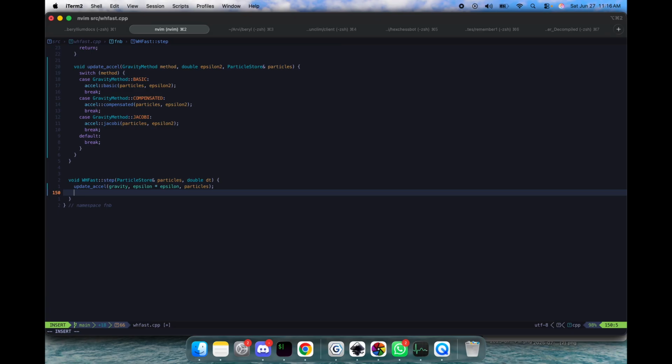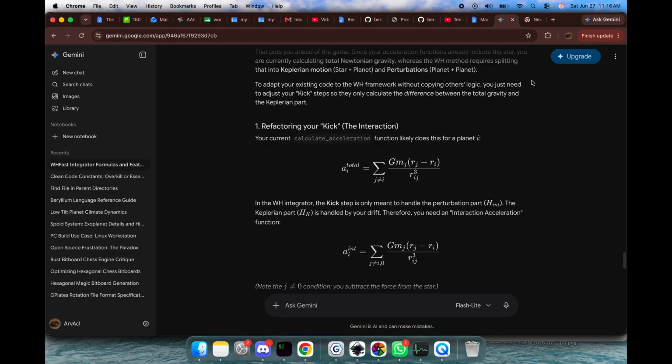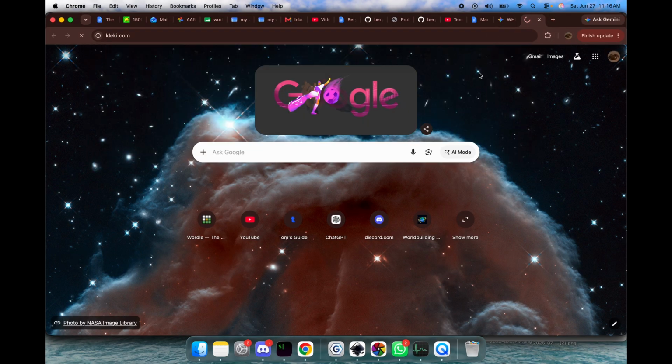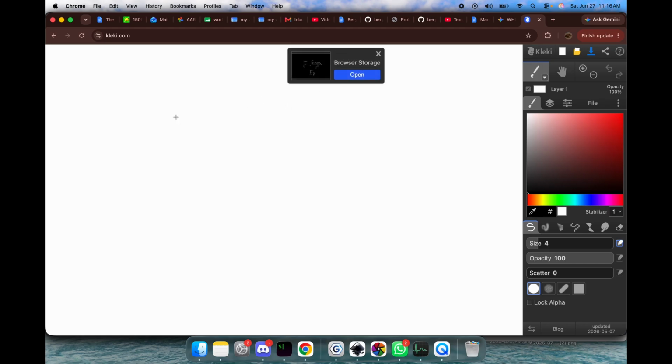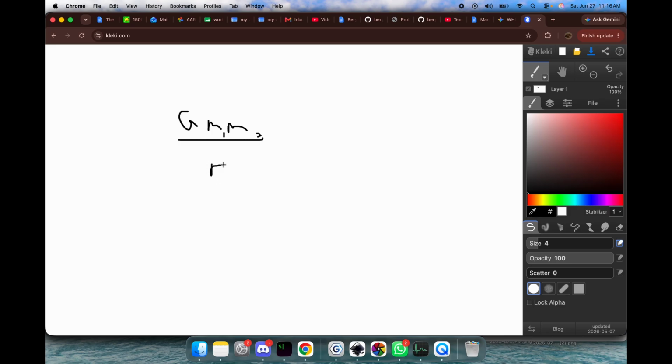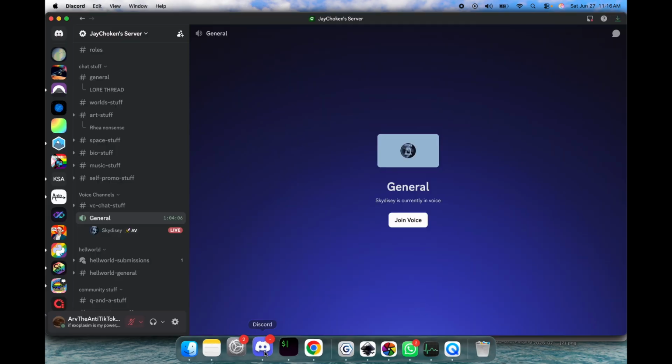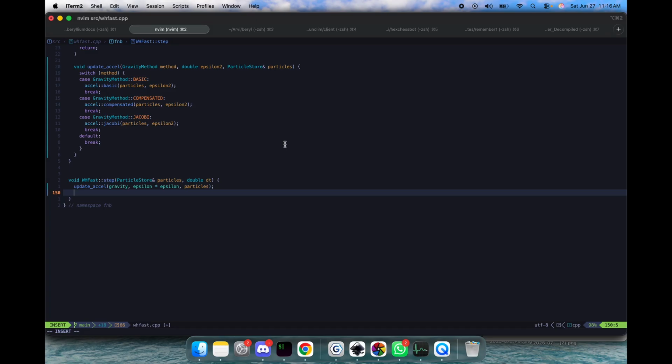Now we just take the star. If you look at the math, say we have G m1 m2 over r squared. Since we already know this, it's the force exerted by the star on the planet, we divide by m2, which just leaves this. We just subtract this. So we have just the mu of the star divided by that. Seems pretty trivial.